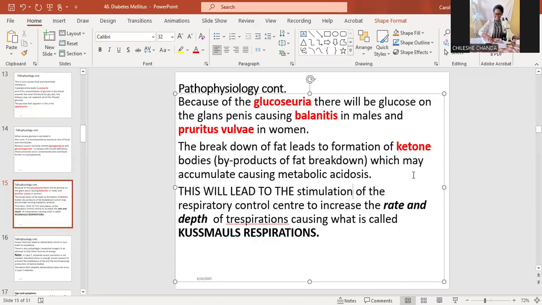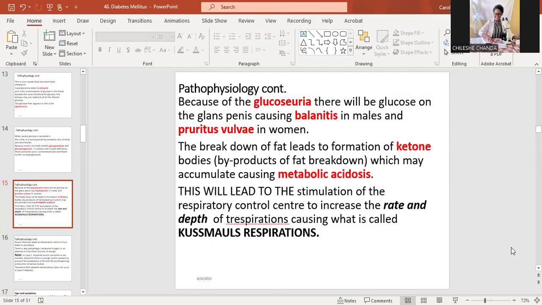Okay, now when these ketone bodies accumulate in the body, the patient will go into ketosis, and this ketosis will further lead to metabolic acidosis. When there is metabolic acidosis, the patient may even go into coma.